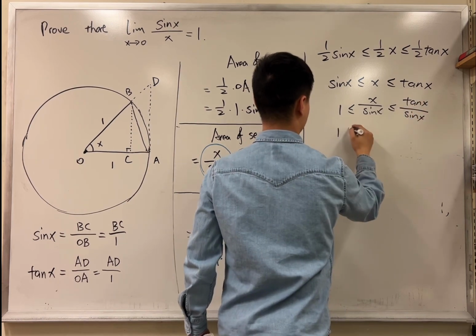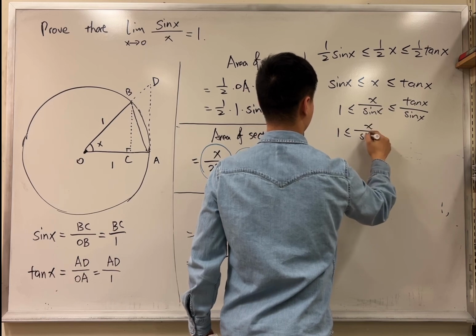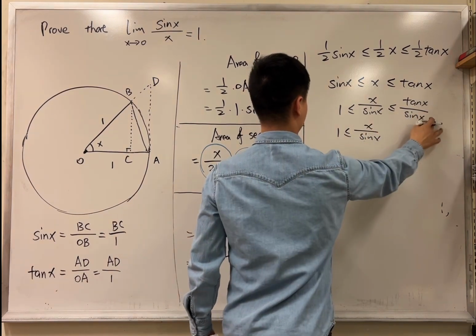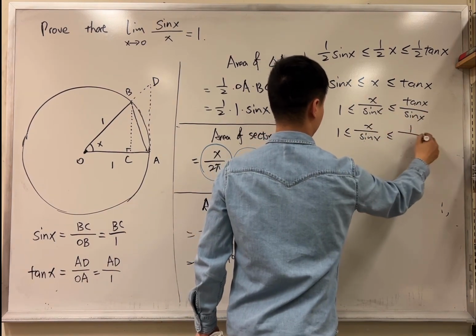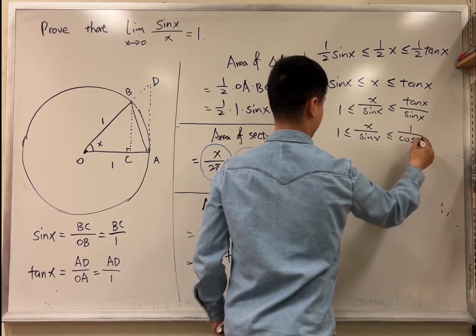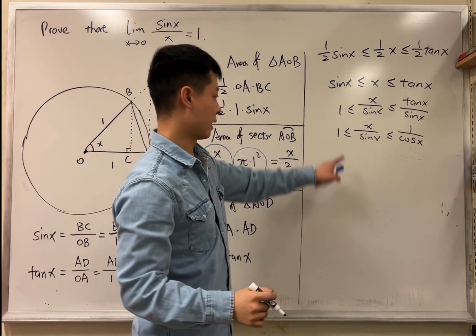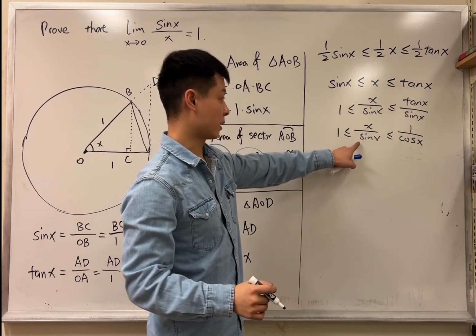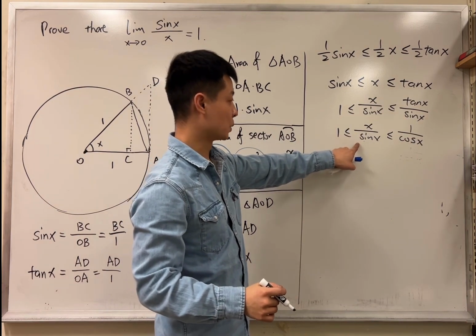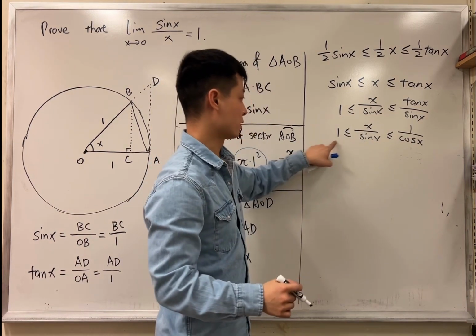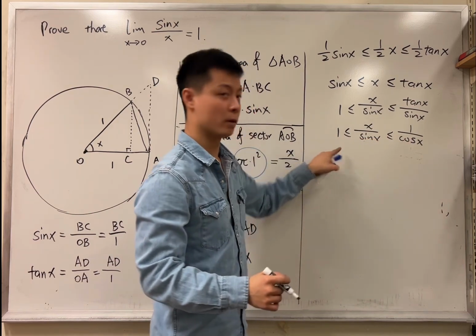We can simplify this a little bit by writing tangent divided by sine as 1 over cos. Okay, so then we have x divided by sine of x squeezed in between these two functions, an upper bound and a lower bound.